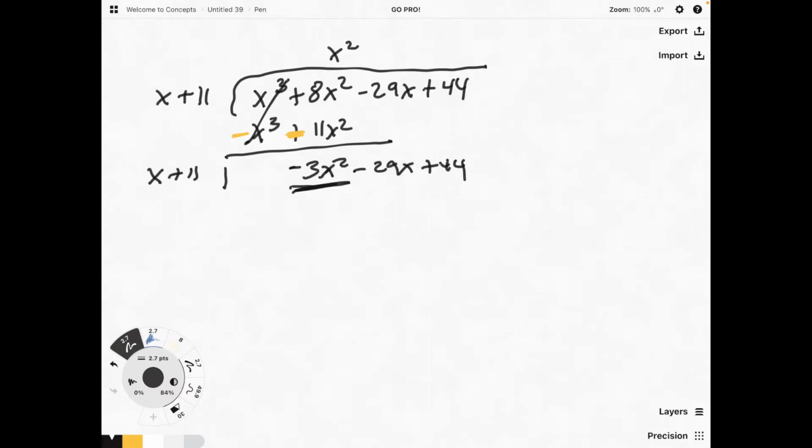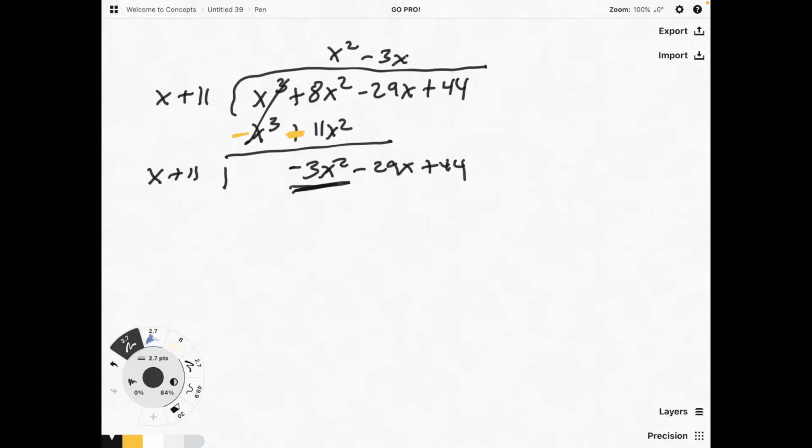Negative 3x times. Because if we multiply negative 3x by x, we're going to get negative 3x squared, which is perfect because when we do the subtraction step, we're going to be able to cancel out this negative 3x squared. Negative 3x goes above the x portion of our equation, and now we do what we just did.